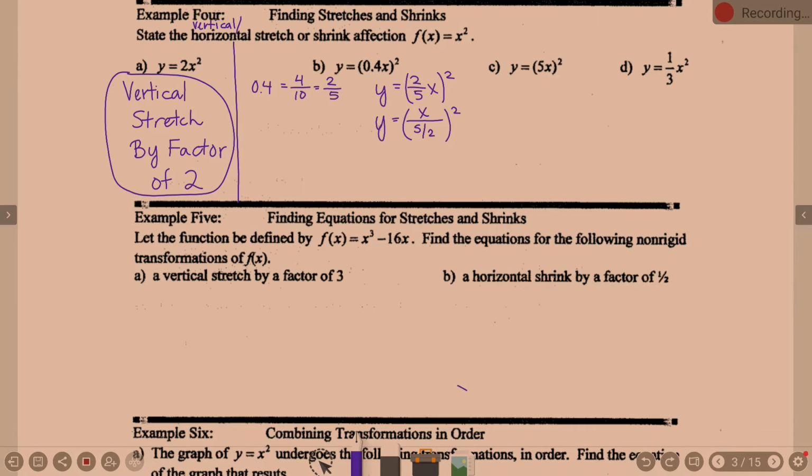So one way to express this, and I'm leaving some room underneath because we're going to talk vertical in a moment, is a horizontal stretch by a factor of 5/2, as evidenced by my work.